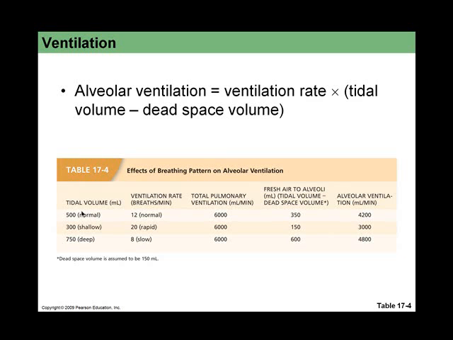So going from normal 12 to 750 at 8, we bump up alveolar ventilation by 600 mLs per minute above baseline. But when you breathe rapidly and shallow, then you can drop by 1,200 mLs per minute.